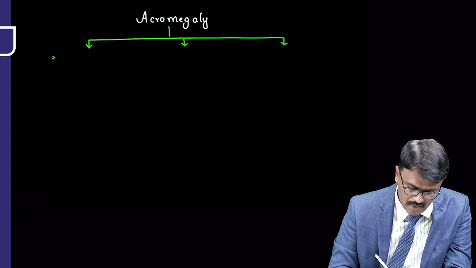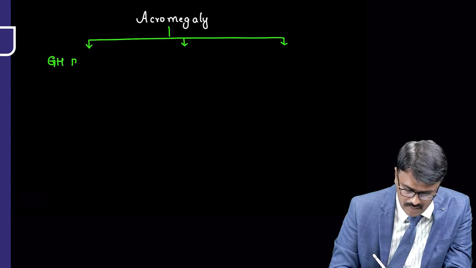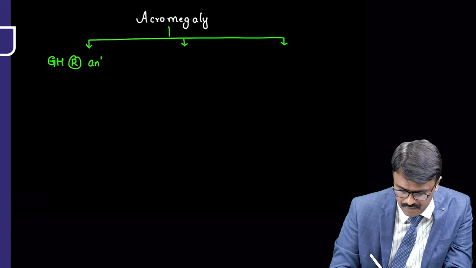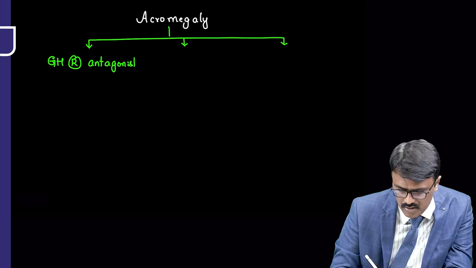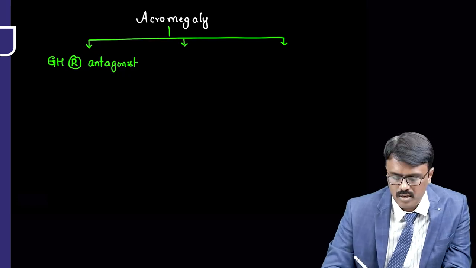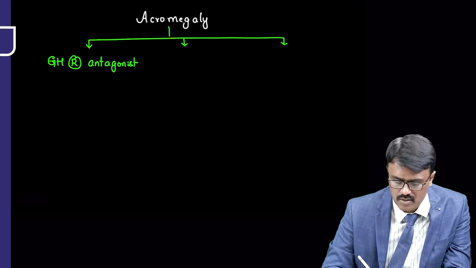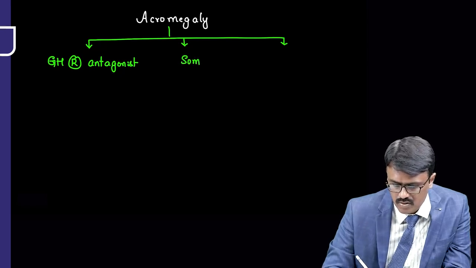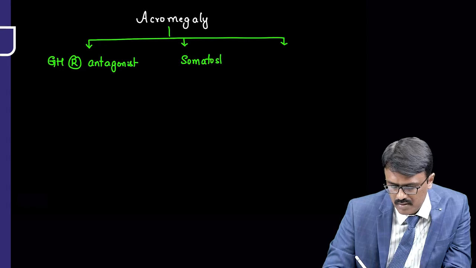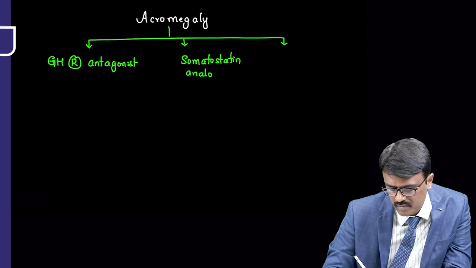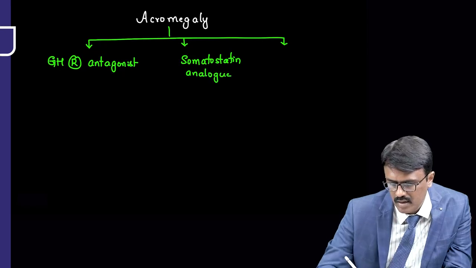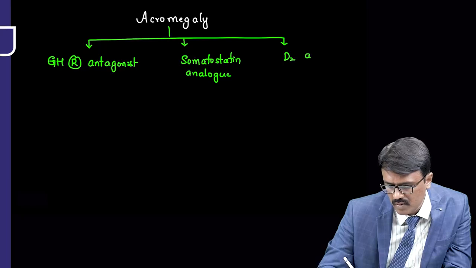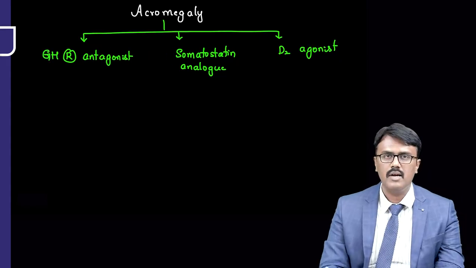Number one, we have growth hormone receptor antagonist. And we know that growth hormone inhibitory hormone is nothing but somatostatin. So we have somatostatin analogs, and we have certain things called D2 agonist. So we have three modalities of treatment for acromegaly.